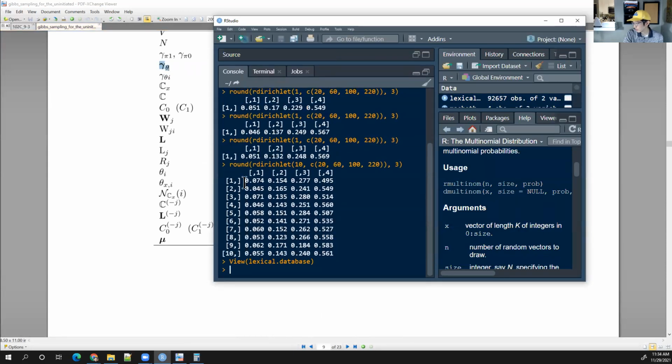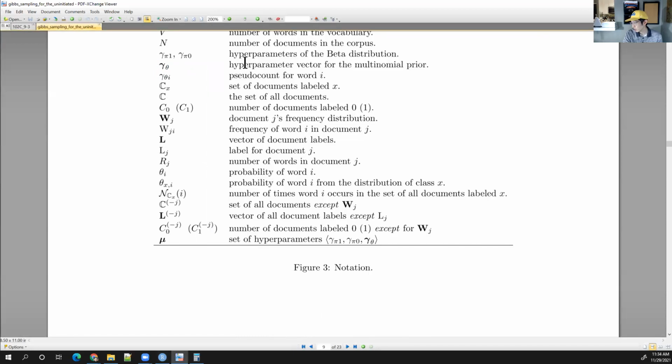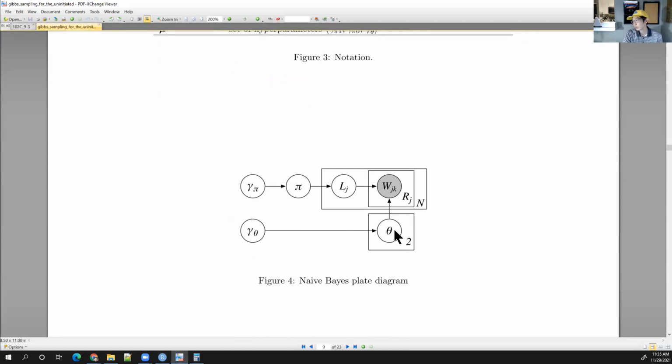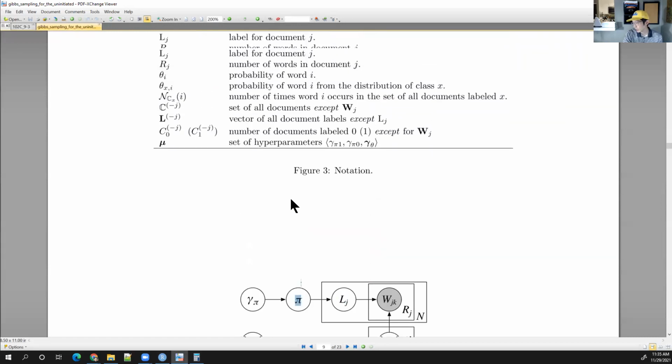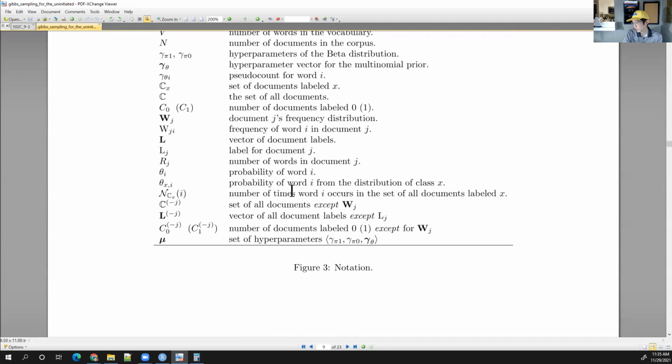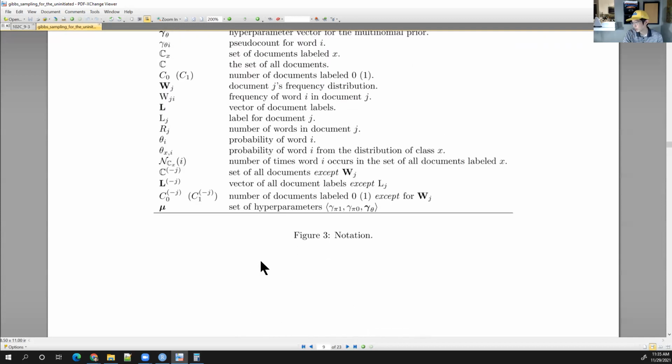Remember, this theta vector is based on the Dirichlet distribution that generates the words. Okay, so it's the multinomial prior, the Dirichlet distribution. That is how we're generating these thetas. Okay, whereas which label we select is just based off of a Bernoulli.